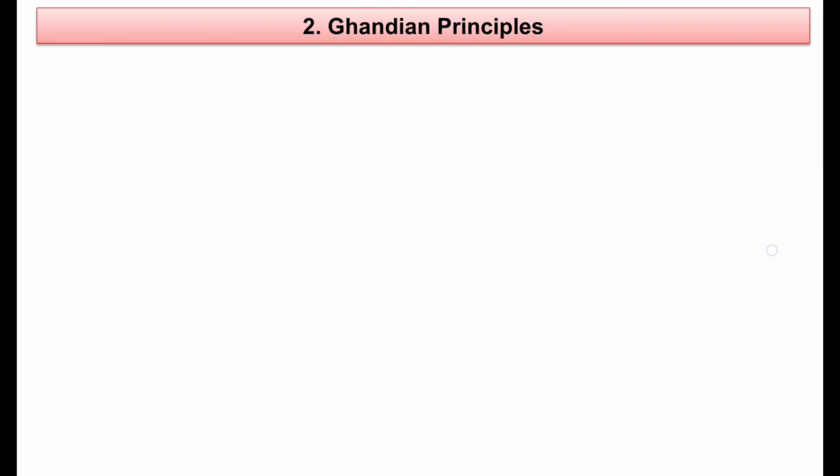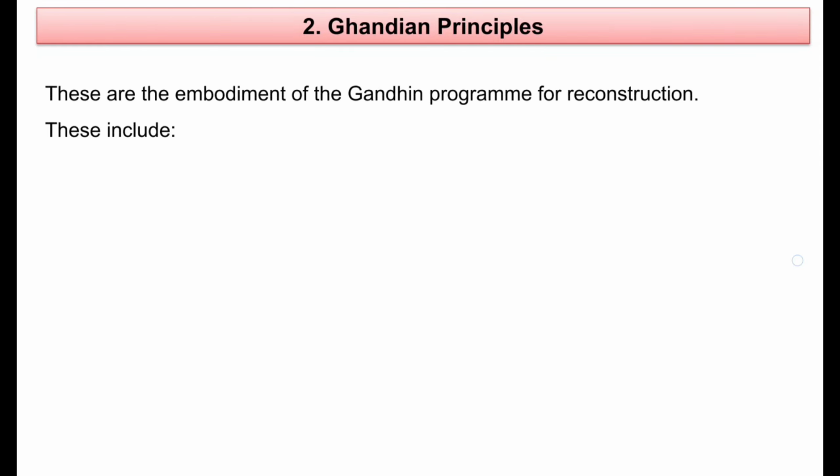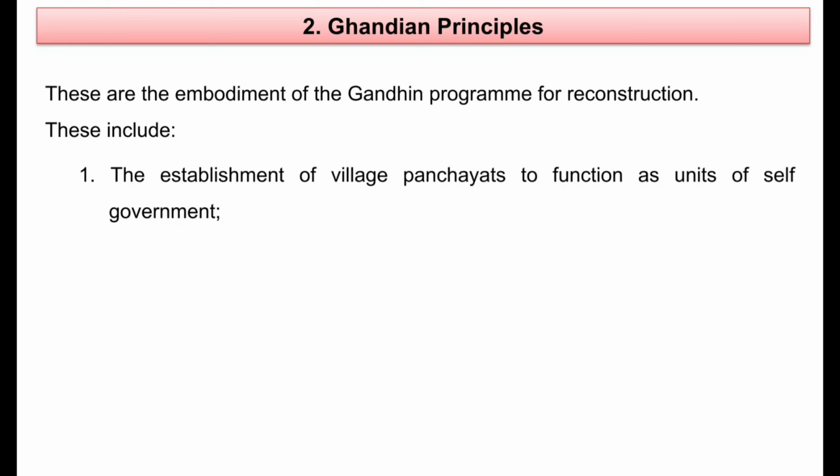Under this Gandhian principle, there is the establishment of village panchayats and their function as units of self-government. The foremost guideline here is that there should be a village panchayat, because power cannot be ruled from a center level only, there should be decentralization of power, isn't it?